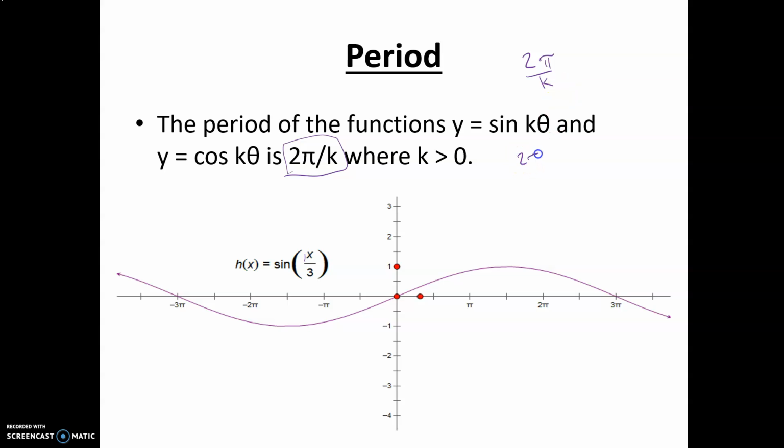So you would say 2 pi over 1/3, and we would multiply by the reciprocal, so we get 6 pi. So my new period is 6 pi. All right, and if you see here, from negative 3 pi to positive 3 pi is a period of 6 pi. But we would probably go from 0 to 6 pi. Okay, 0 to 6 pi would show us. But this is one period of that function.